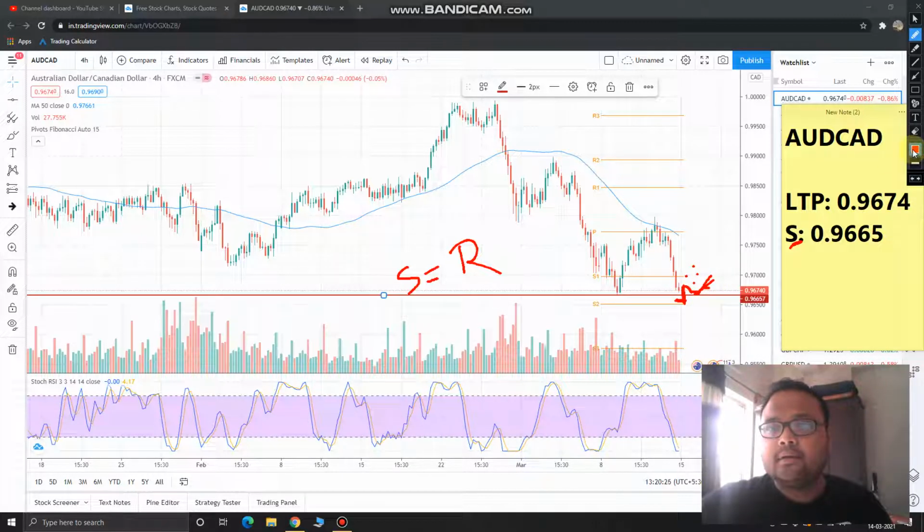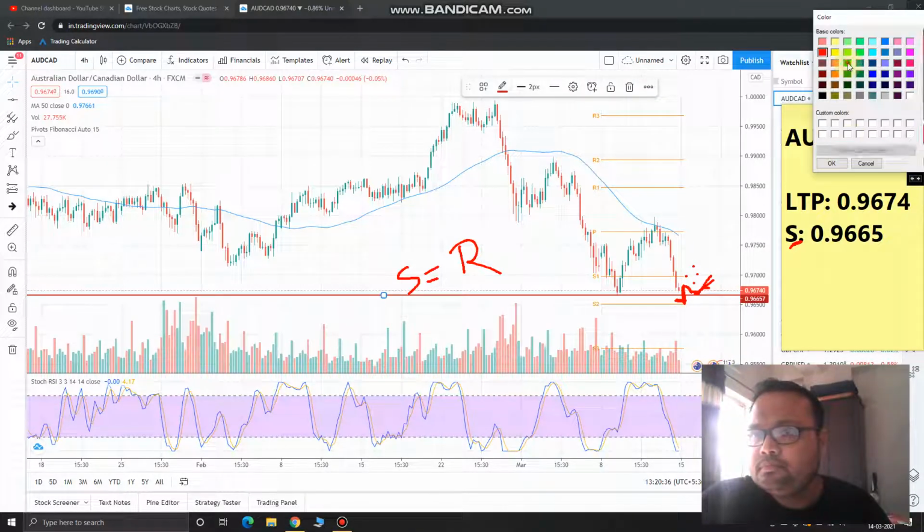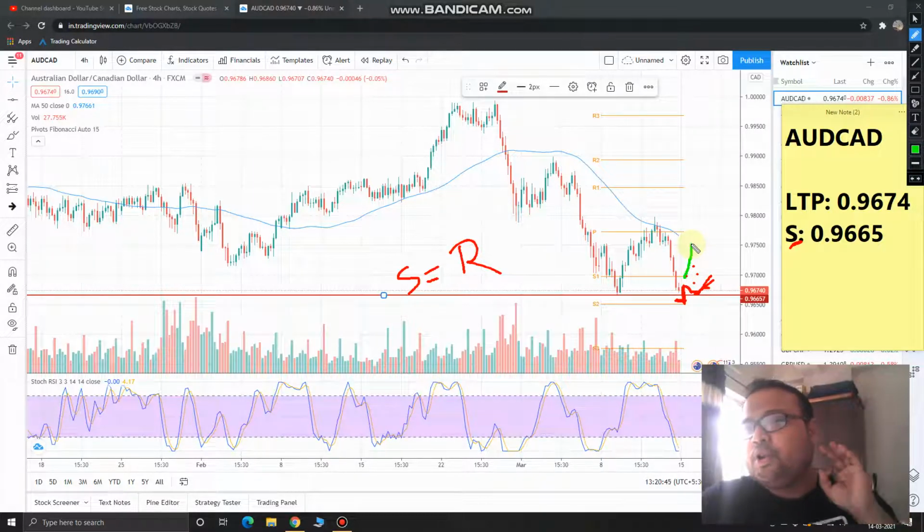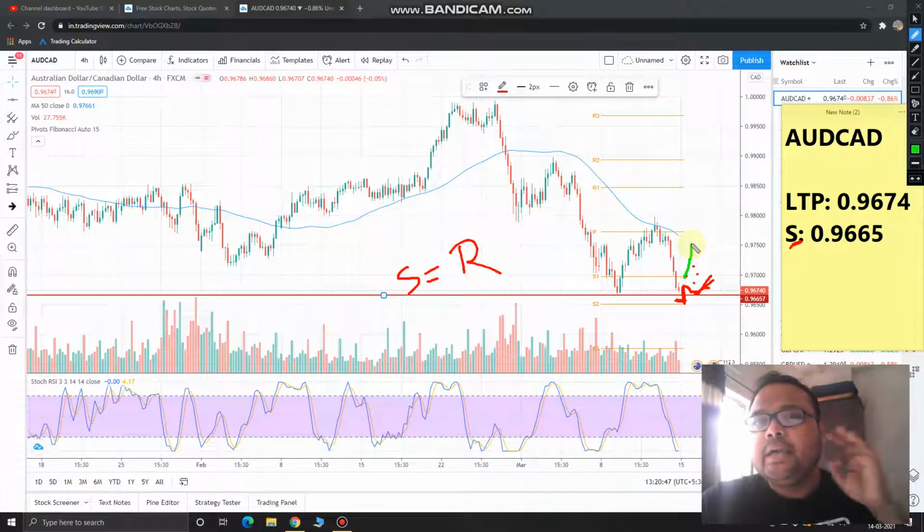On the other hand, if market goes up, let me change the color. In case market goes up from here, then again you need to wait for the market to hit the 50 moving average.